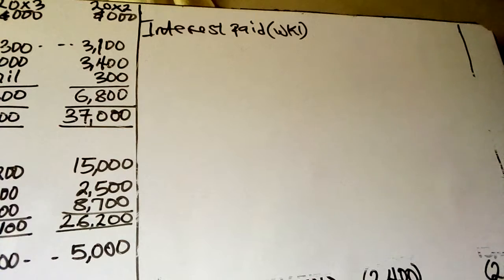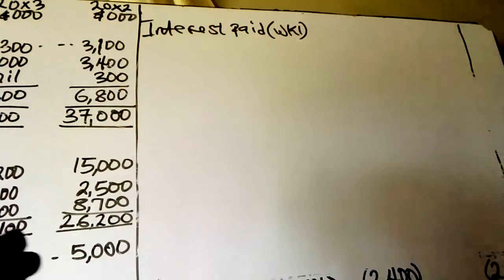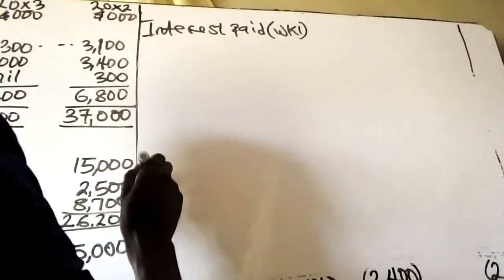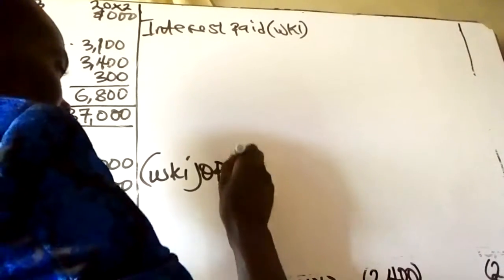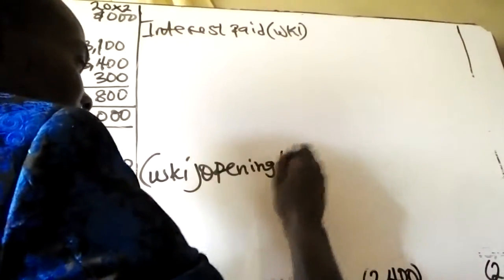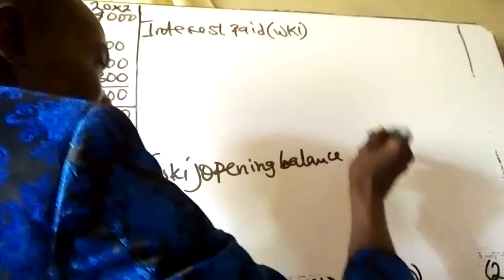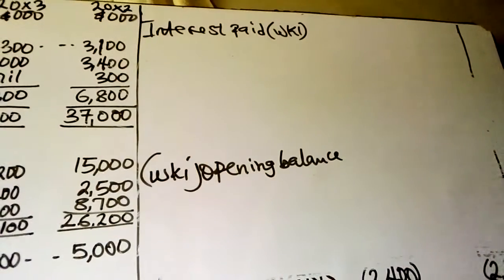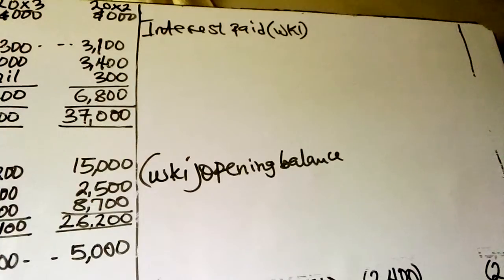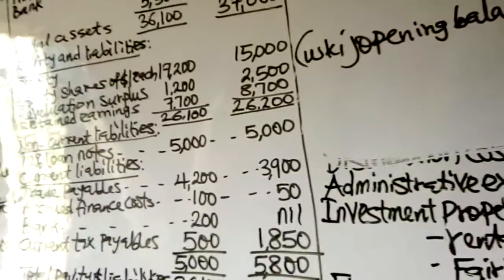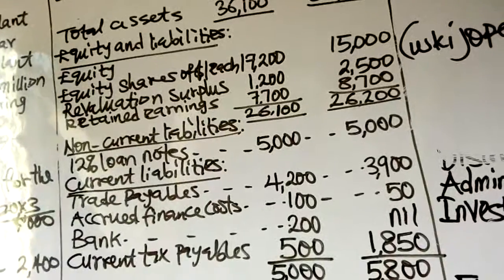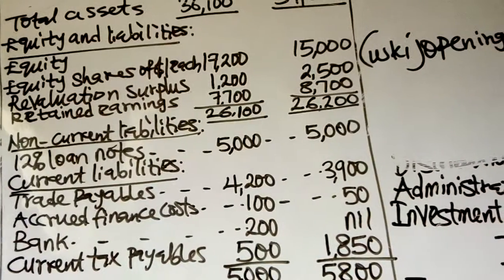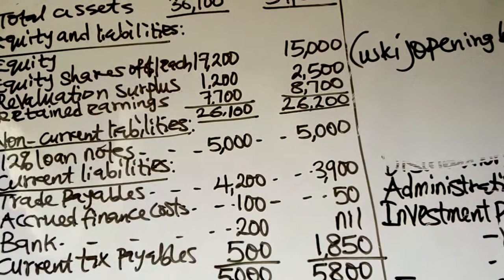I've told you that in any of your workings you should always start with the opening balance. Working one, opening balance. If you go through your current liabilities, we have accrued finance cost.